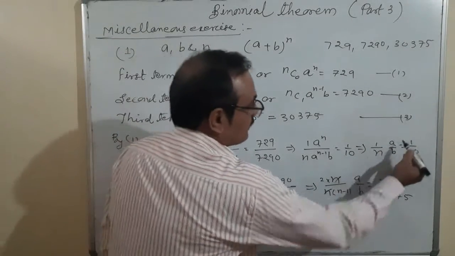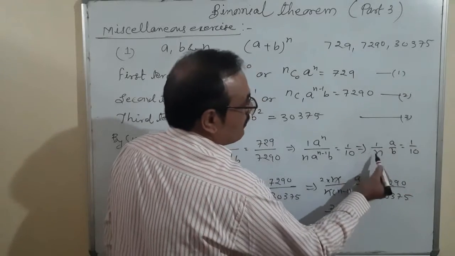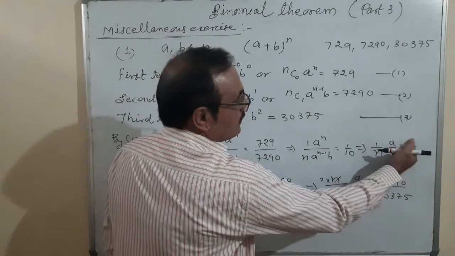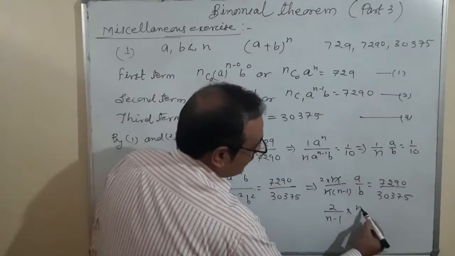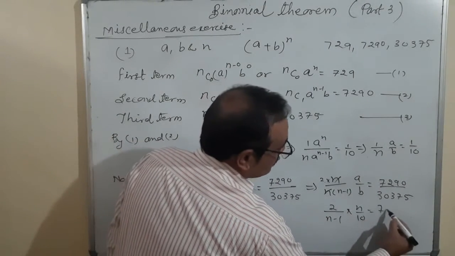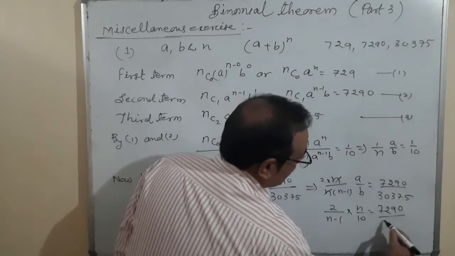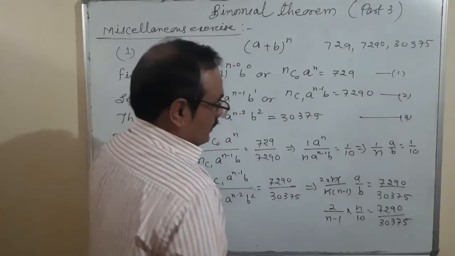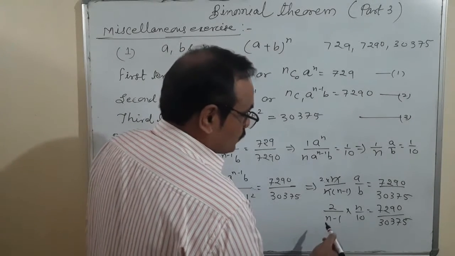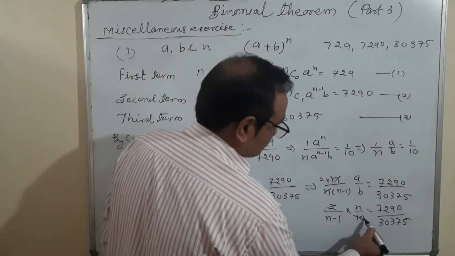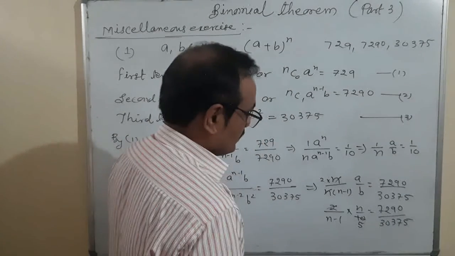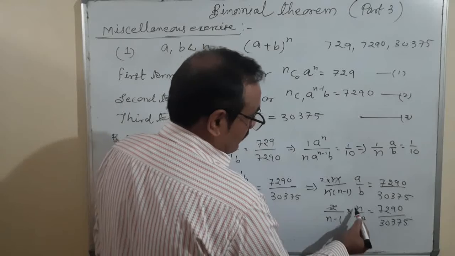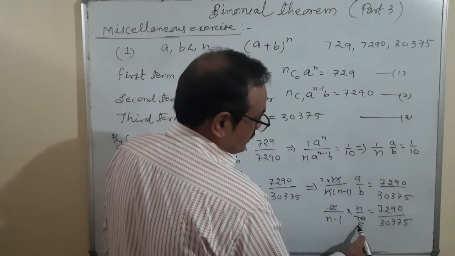In the earlier term, 1 upon n, a by b is equal to 1 upon 10. Therefore a upon b is equal to n upon 10. So here I can write n upon 10 is equal to 7290 upon 30375. Then n upon n minus 1, and this is upon 5.